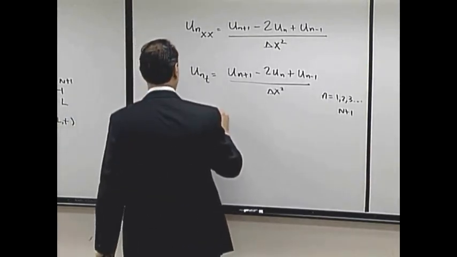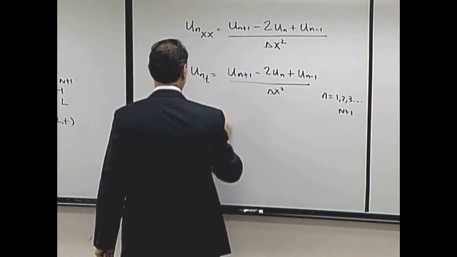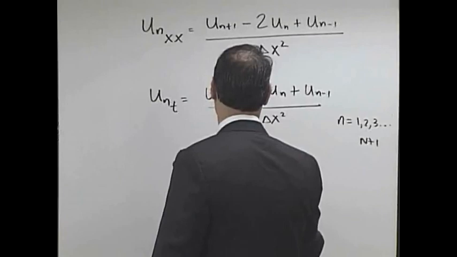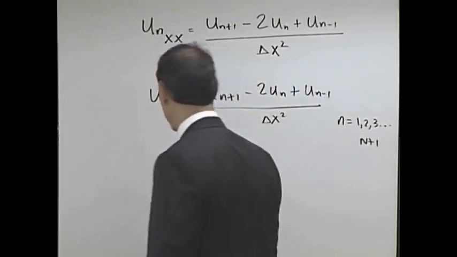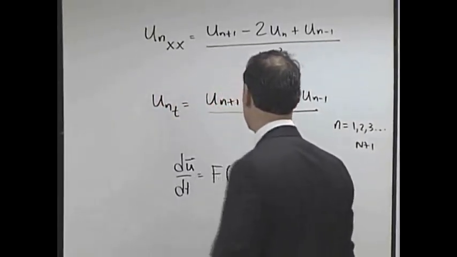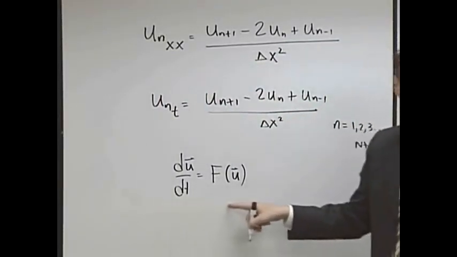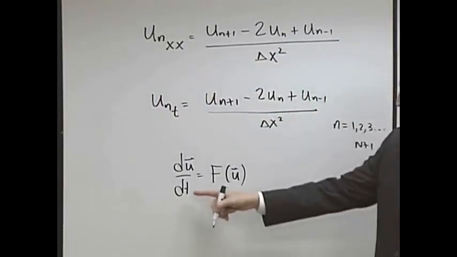So we want to say, I want to write this now as the following. du/dt is equal to some right-hand side f. There's no time dependence on this side, so we can just write it like here. So I just got to make a decision how I'm going to collect everything.